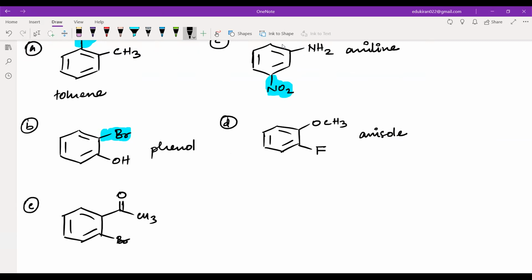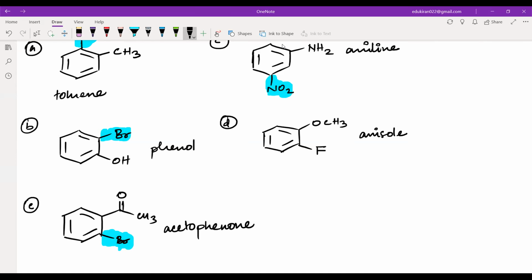What is the base here? Acetophenone. Good. Can all of you recognize this? Yes, sir. This is acetophenone. That means if you remove Br, then you're going to get COCH3. Okay.